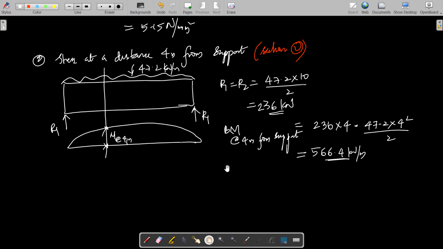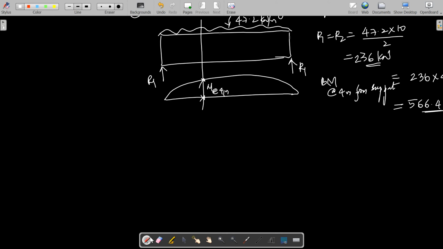Now, if you draw the stress distribution, I will draw only the stress distribution. You have the eccentricity over here. There is no change in eccentricity, so this is 200 mm.